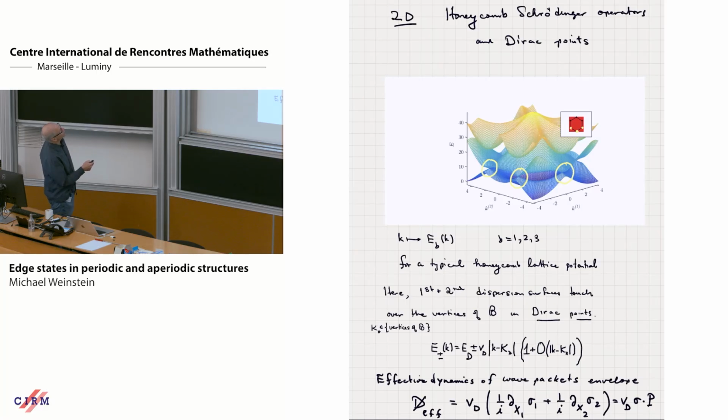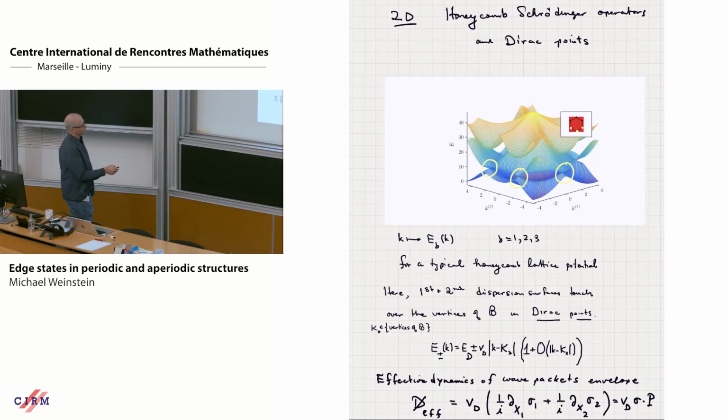Okay. So in the honeycomb case, these are the first 3 dispersion surfaces of a typical honeycomb lattice potential. What you see is that in this case, the first 2 surfaces touch over the vertices of the Brillouin zone, and if you turn up the resolution, you see roughly a conical behavior.